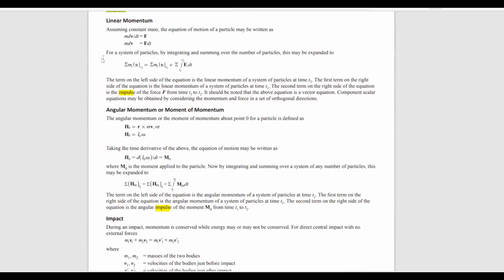And you are given formulas for impulse and momentum. The short definition of momentum is mass in motion, because momentum equals mass multiplied by velocity, m dv, or change in velocity. And the impulse is equal to the force multiplied by t, or the force multiplied by change in time.